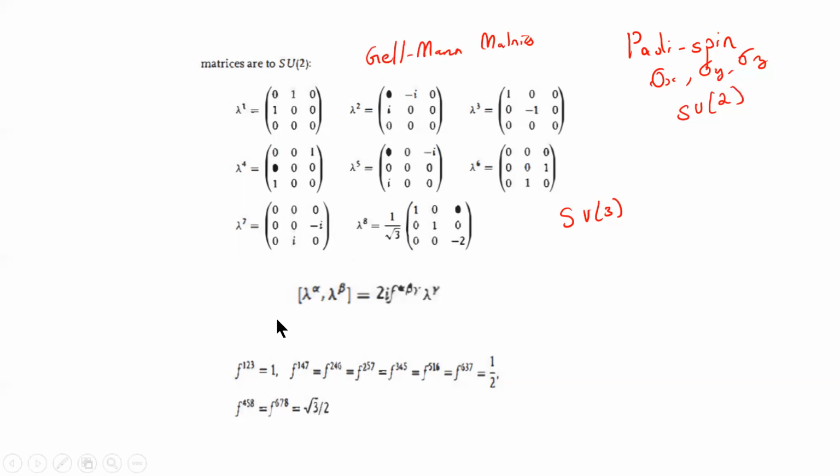Okay. So these matrices obey this Lie algebra. This is the Lie algebra that these matrices obey, called the algebra of the groups. And this F is called the structure constants.